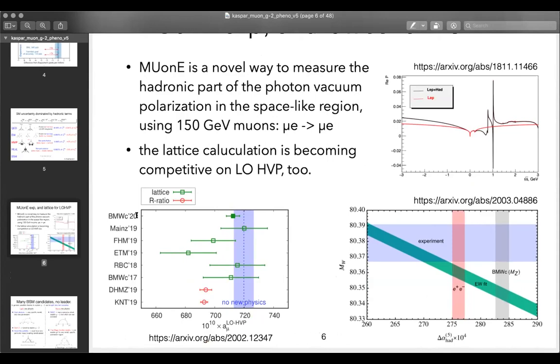There's a group, all these people work together closely, and there is a white paper to be published soon that will give a recommended number. So that's the number we should trust, that's the number we should use. And as the experiment improves the uncertainty, all these groups also improve their uncertainty, and they meet often to reach a consensus, to give us their recommendations, and they do, and they will keep doing that.